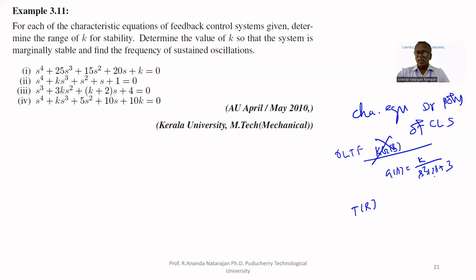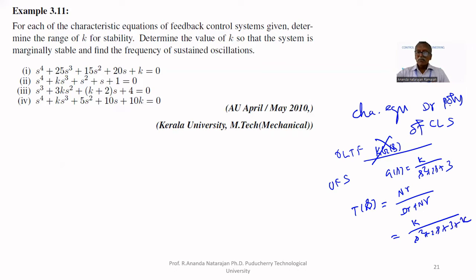T(s) for a unity feedback system means closed loop transfer function is numerator divided by denominator plus numerator. That is equal to k upon s square plus 2s plus 3 plus k.